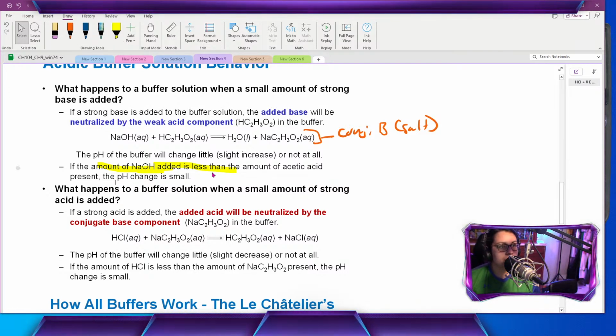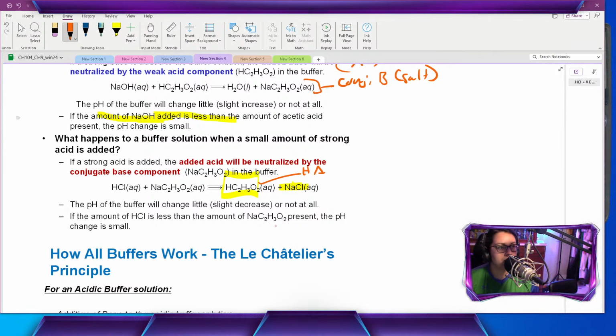And so same thing, what happens if we add acid? We can take our same buffer scenario, and this time our acid reacts with our conjugate base, aka that salt we put in, sodium acetate, do our double displacement reaction again, and so we get sodium chloride, and then also make our acid species. So now this is our HA. I guess I should have called this A minus up here, just so that's clear with my HA and A minus notation.